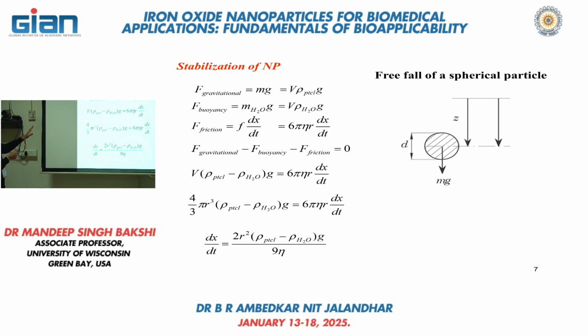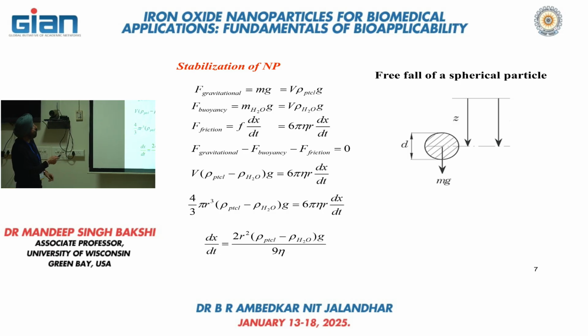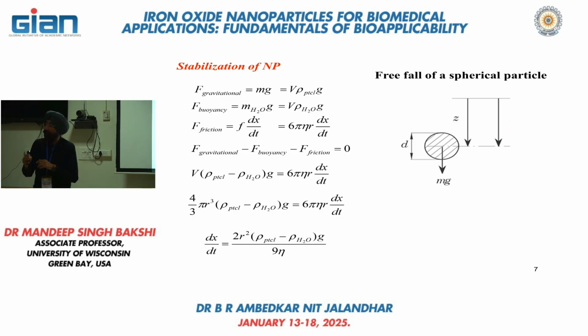The first thing is that the gravitational force is mass of the object multiplied by the gravity. The g is the gravitational pull, not the gravitational constant. Both are separate terms.